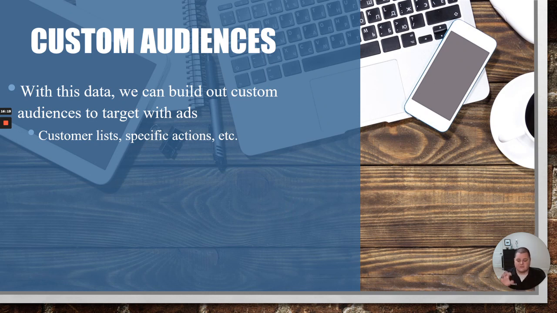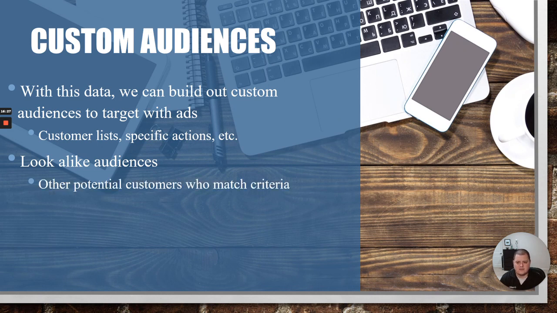Also, you can set up a lookalike audience, which is basically other potential customers who match the criteria. So if I had 70,000 email addresses I loaded in and they're all roofers, and I said, hey, Facebook, create a lookalike audience based off of what these 70,000 people have in common, it's going to build out a group that's likely roofers, right? They work for roofing companies.